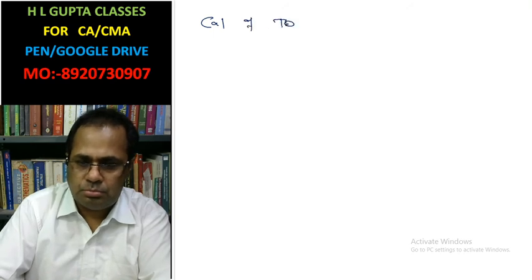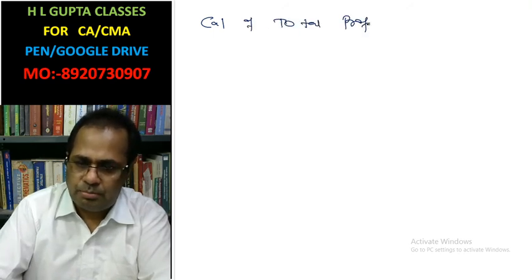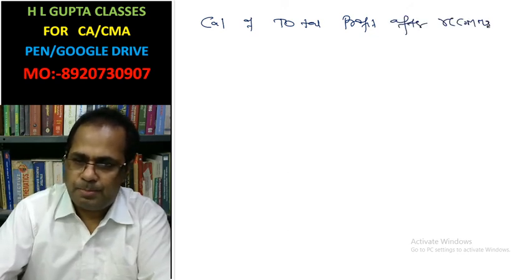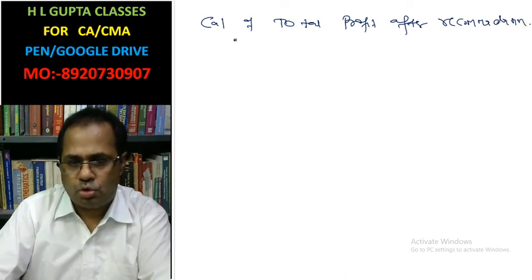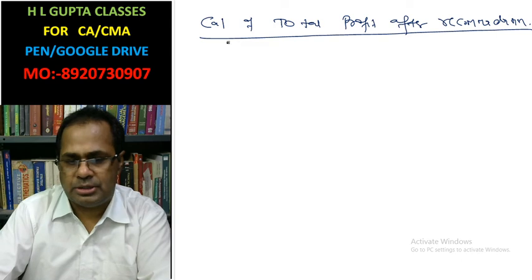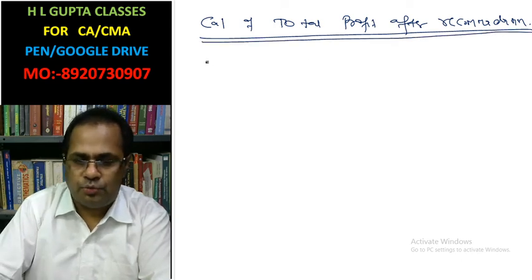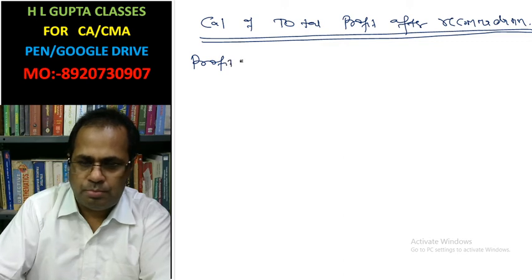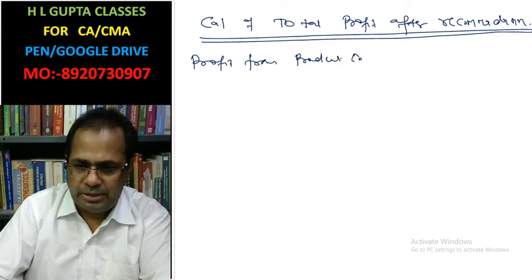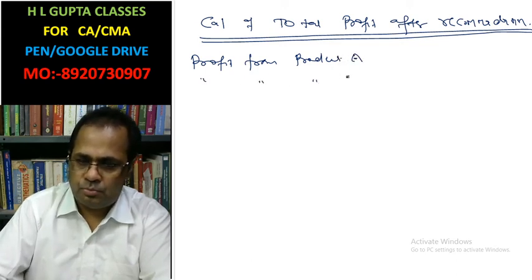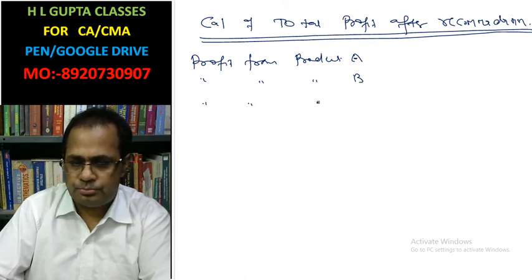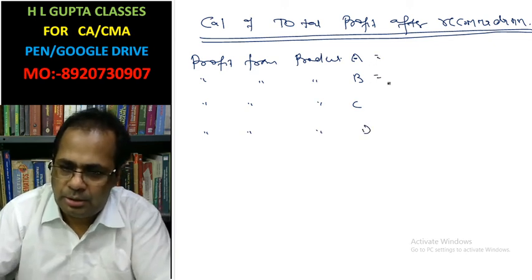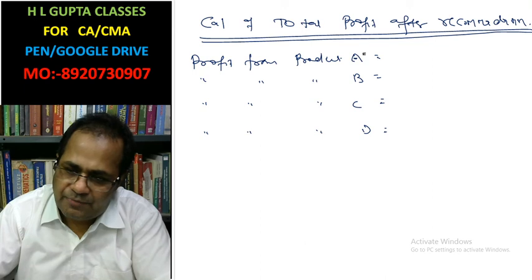Profit from products A, B, C, D. Look at it. This is after further processing.